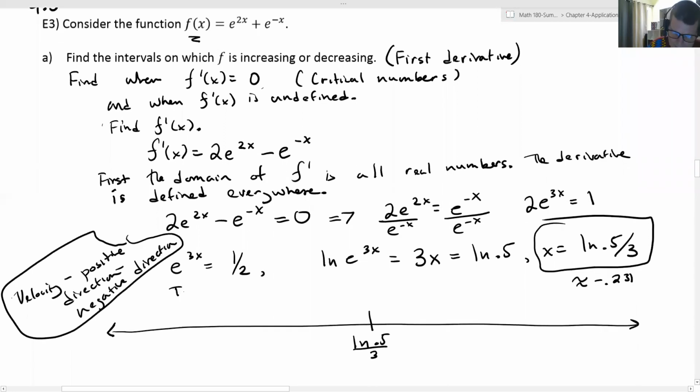So let's test some points. Go ahead, test some points, and then put into the chat what our increasing interval is, the positive direction interval, and which one will be our decreasing interval. So which one's negative, which one's positive? Put it into the chat when you're done, and write the interval out. First test the points on either side of natural log of 0.5 over 3, then determine on which side it is negative and on which side it is positive.